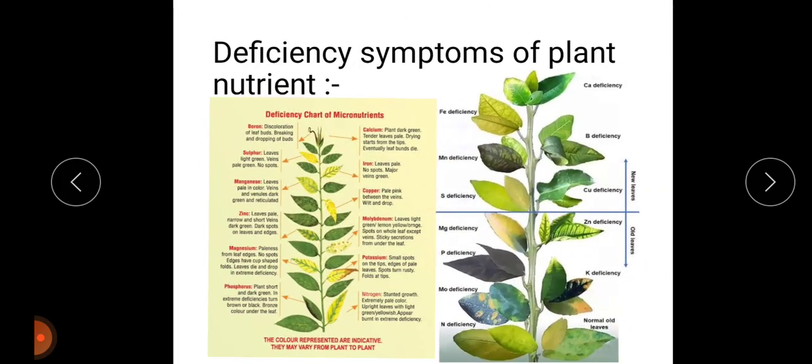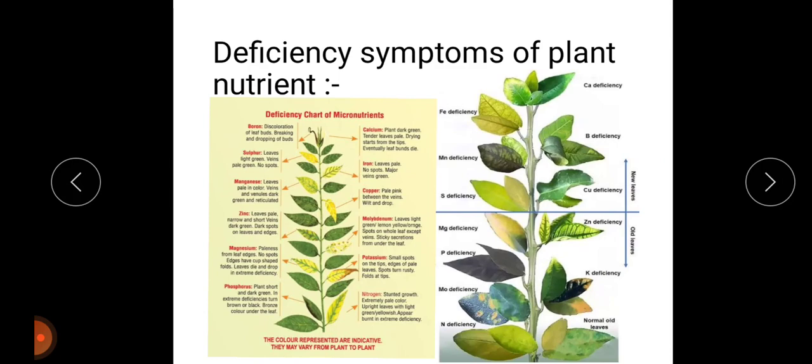After that, we discuss the deficiency symptoms of different plant nutrients, and we can observe these deficiency symptoms in that particular plant. Firstly, in this picture we have different categorizations to easily observe the basic symptoms.